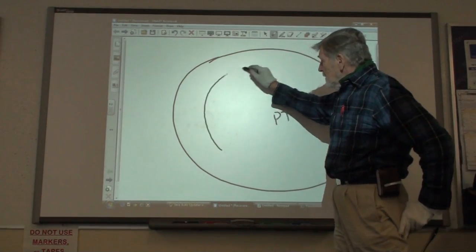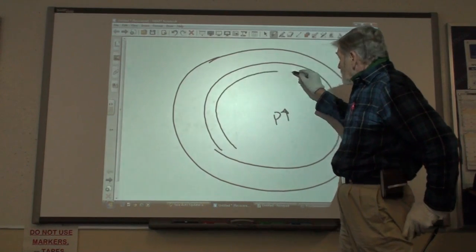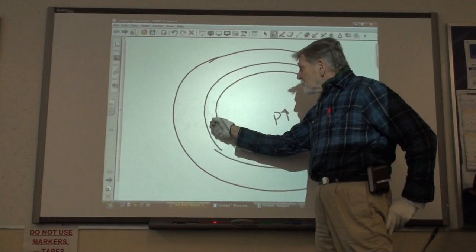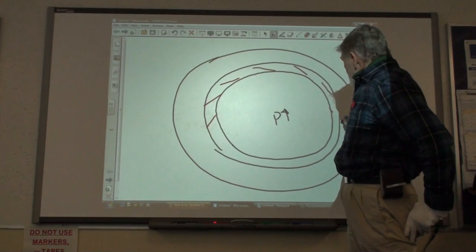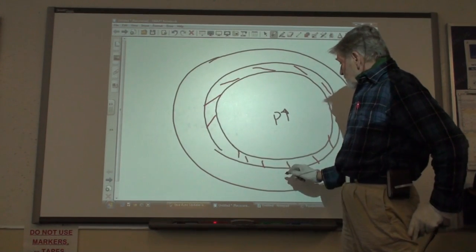So if we examine any layer of material at some interior point, a shell at some interior point in the star, then this shell that we're examining has a certain mass.